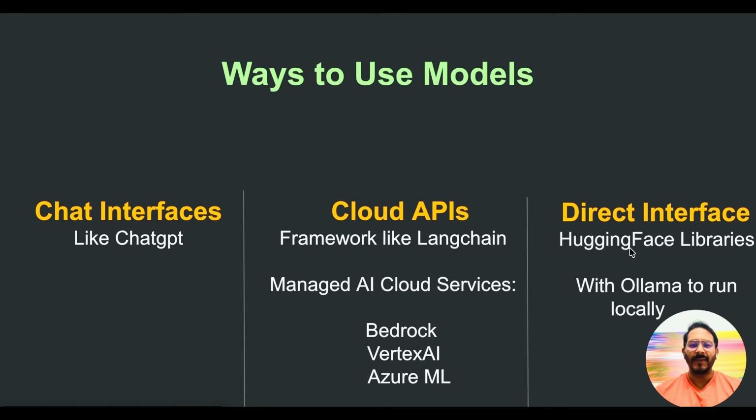Okay, so this leads us to the last part of our video, which is how we run these local models by downloading them in our local system. So we'll use Ollama. What is Ollama? Ollama is a platform that helps us download local models and run them in our local system.